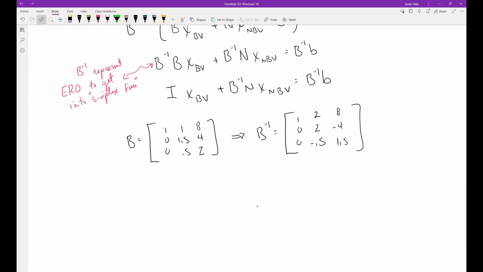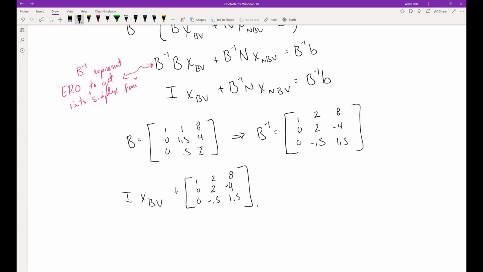Okay, so at this point, we can start filling things in our equation. So we still have I times XBV plus B inverse, so 1, 0, 0, 2, 2, minus 0.5, 8, 4, 1.5.